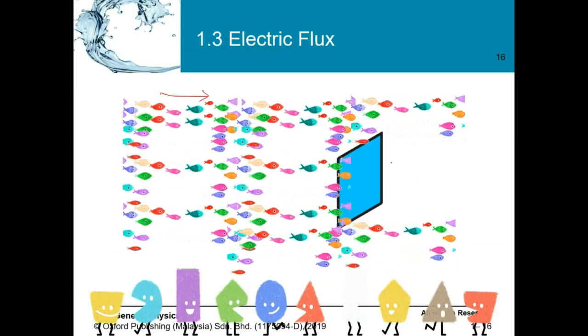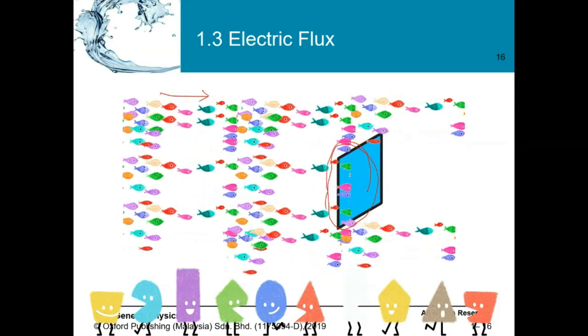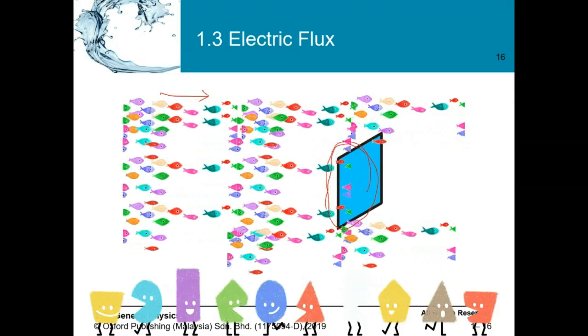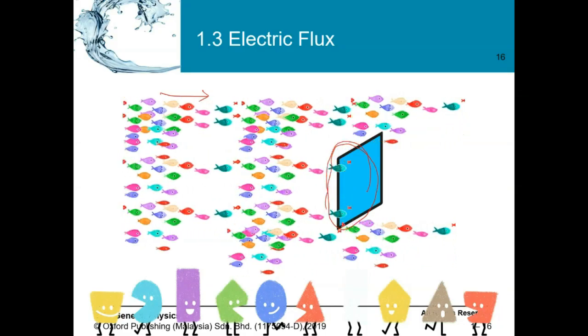Of course, the fishes get caught in our screen. So the number of fishes that entered our blue screen is the same as the number of electric field lines that pass through the surface of our object earlier. So this is what we call electric flux.